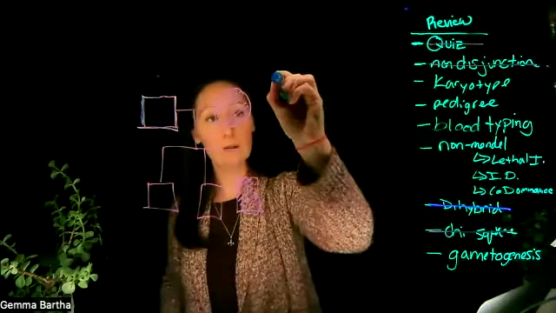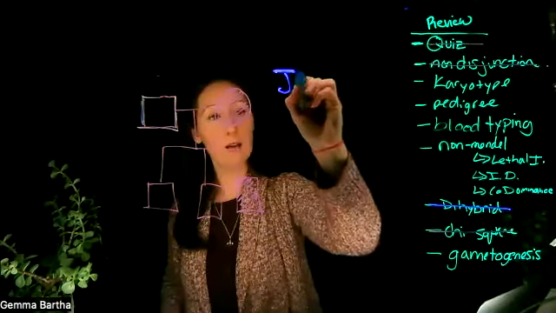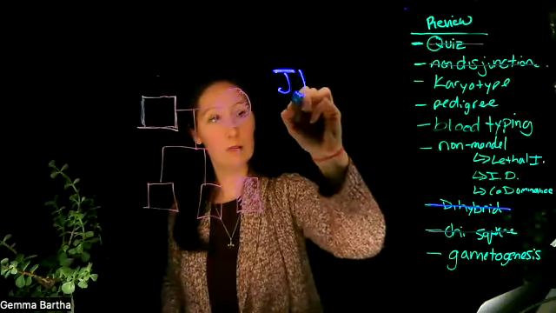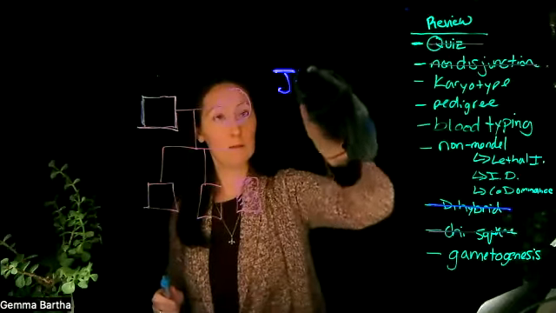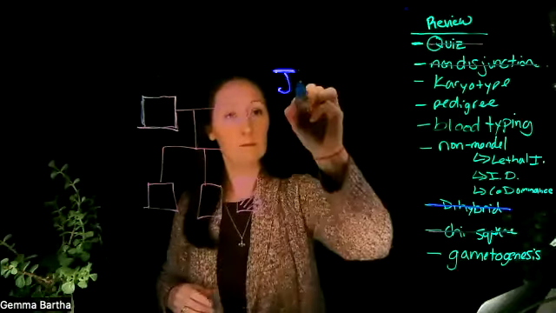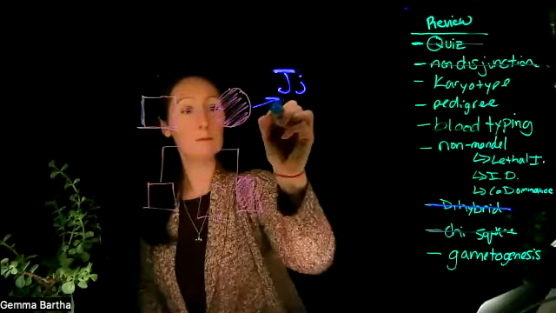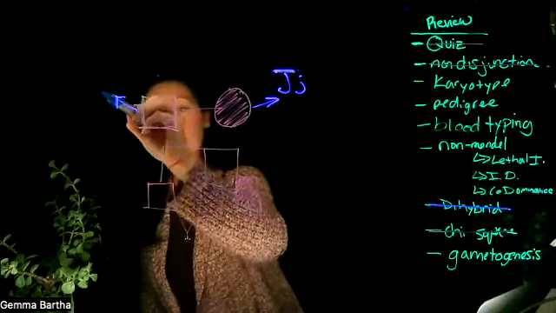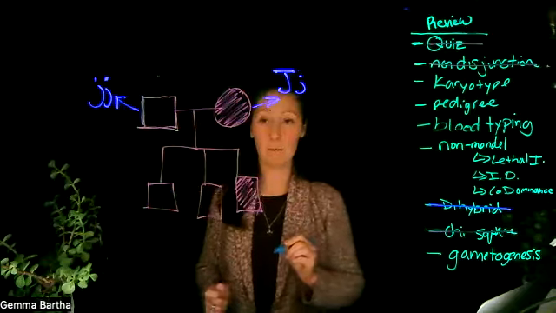So let's do JJ, that'll be mom. And dad is going to be little j, little j.